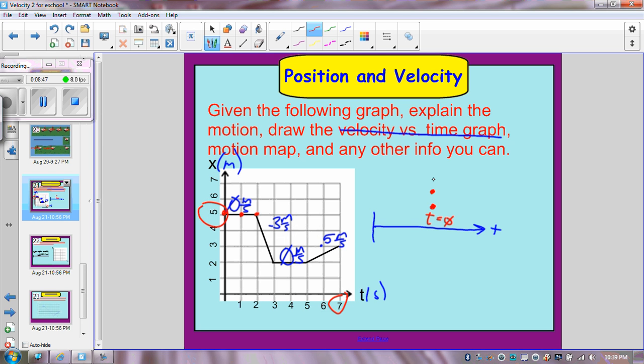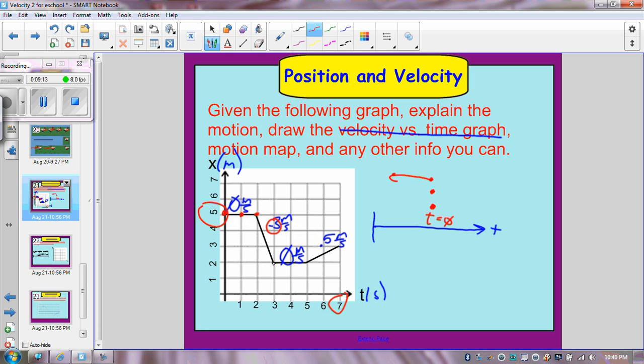And then time equals 2 seconds, I'm going to put right here. Okay, when I draw my arrow, I need to make sure it's pointing the right way. Remember, this velocity was negative, and since I said positive was to the right, that means negative must be to the left. So I'm going to draw my arrow, not very straight, I do apologize, but I'm going to draw my arrow pointing to the left to indicate the velocity is negative.